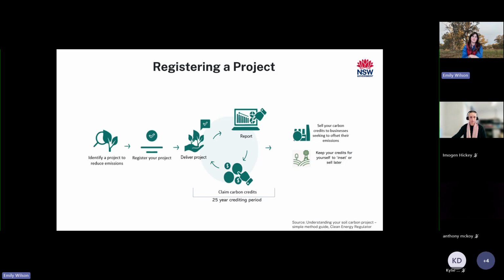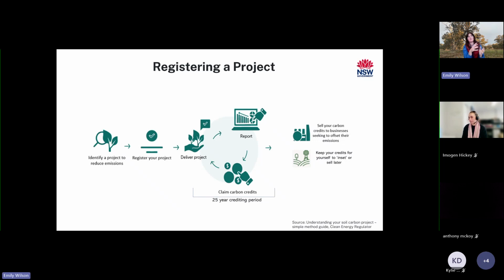That process includes some pretty detailed project mapping, species selection for tree plantings, and drafting up either your planting plan for vegetation, or if you're doing a soil project, your land management strategy, and making sure that you actually think that the management change you make on your farm system can drive an increase in soil carbon.